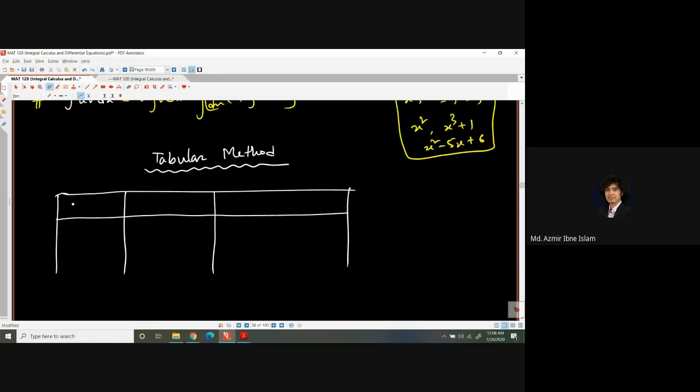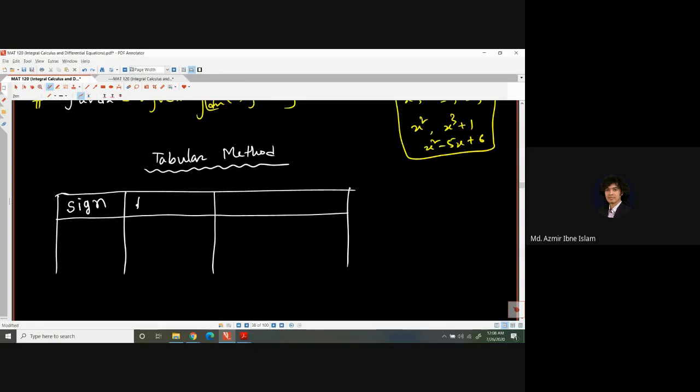The first column will be for sign changes. I have written SIGN, not SIN. Sign means symbol, positive, negative, all these things I am trying to mention. So this column is for sign.